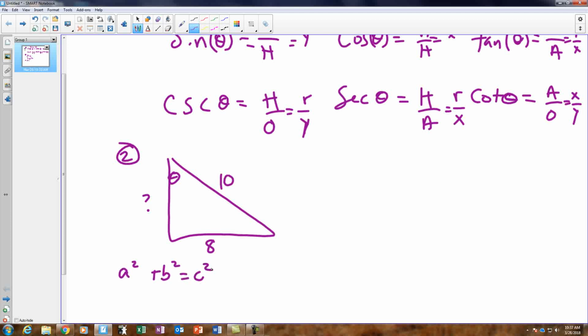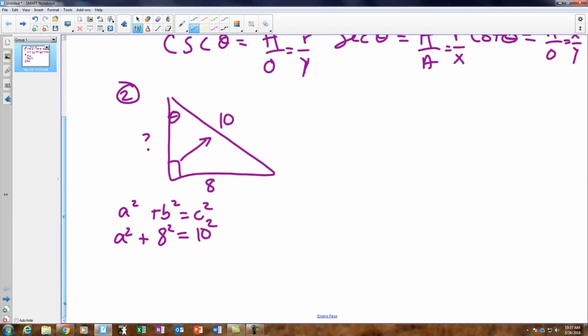But we have to keep in mind that the side opposite the right angle must be c. So that's 10 squared equals 8 squared plus a squared. If we solve this, we subtract 64. It's really important that we subtract there. A squared should be 36, which means a is 6. So I'm going to write 6 right there on that side.